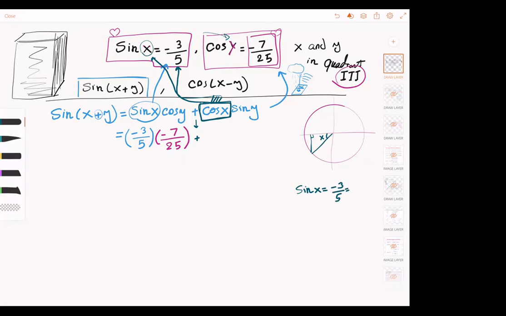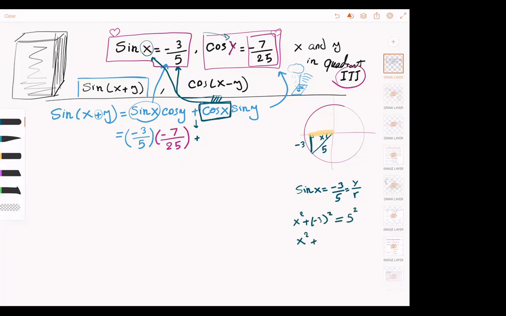In your note sheet, you have sine is y/r. So this is a y, which is -3, and r is 5. We use Pythagorean theorem to solve for this: x squared plus -3 squared equal to 5 squared.